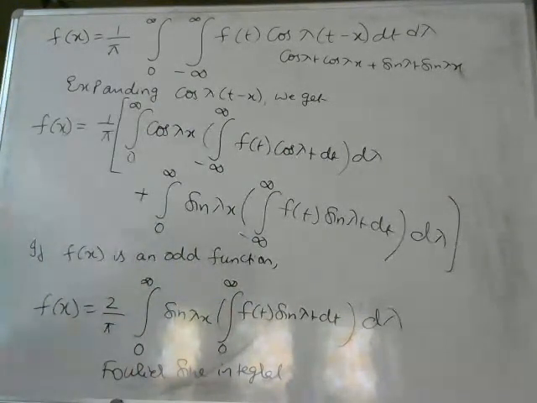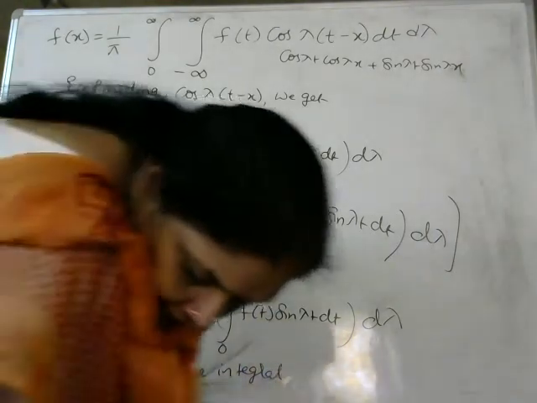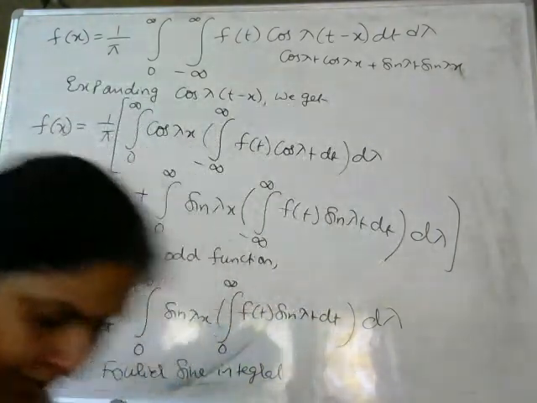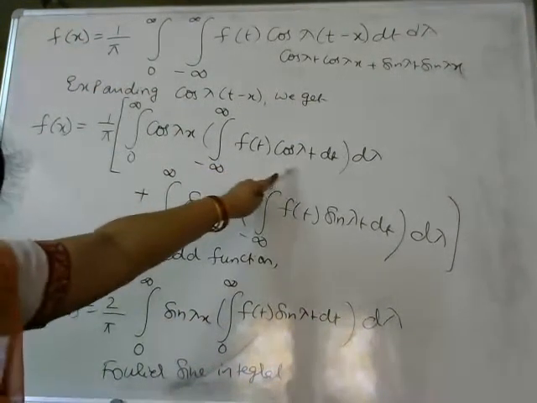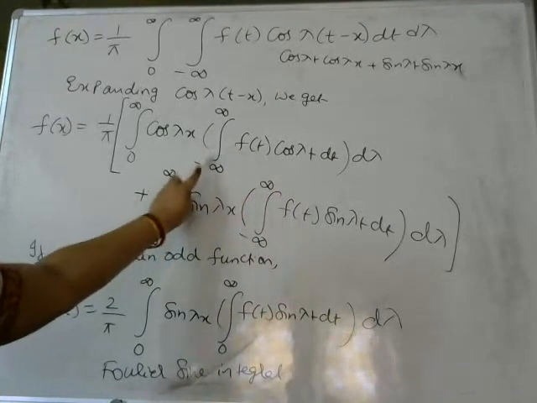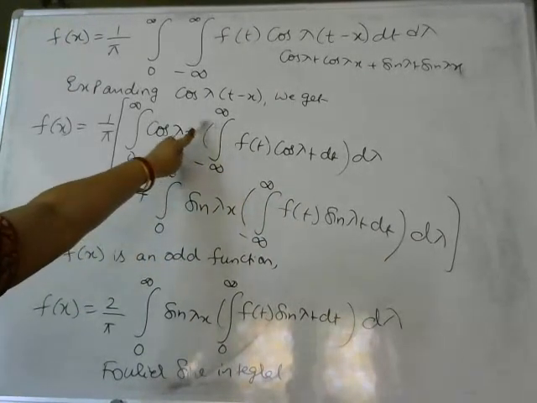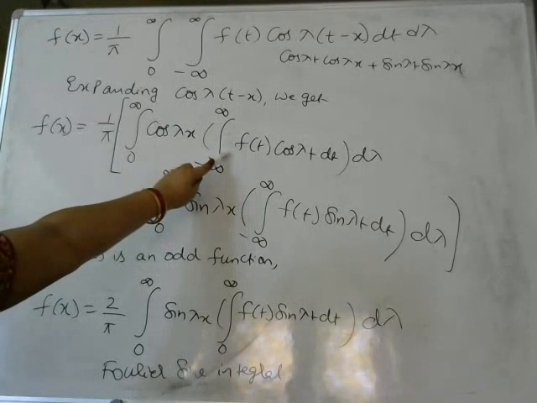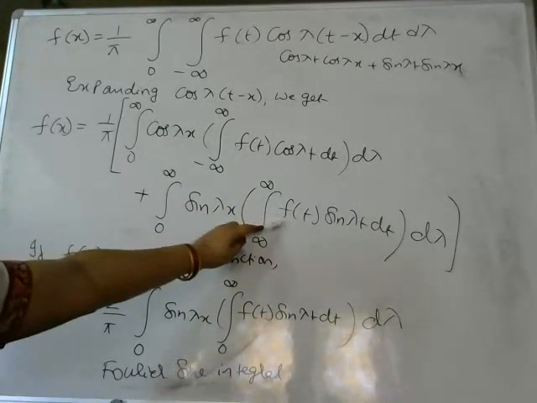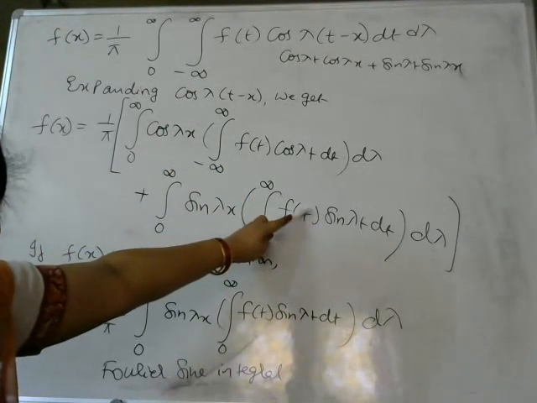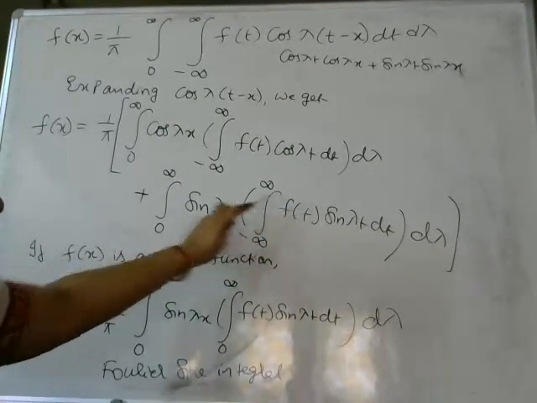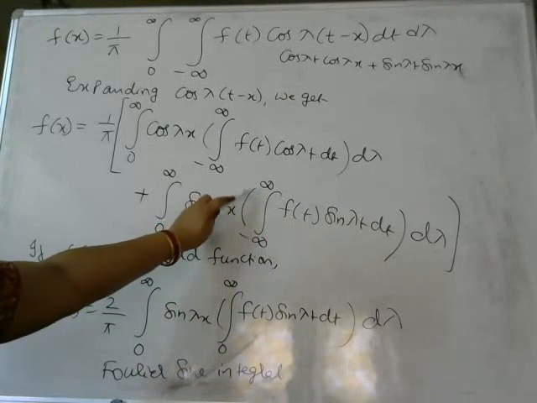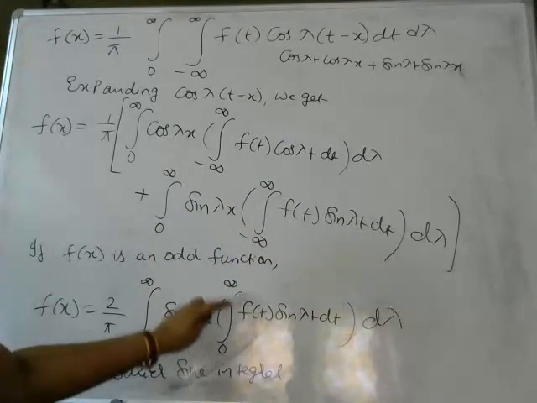How did we get this Fourier sine integral? By assuming that f of x is an odd function. Cos we know is even, so the product of even and odd becomes an odd function, and an odd function from minus infinity to infinity becomes 0. So this integral is completely 0. f of t is an odd function and sine is an odd function again, so the product of two odd functions becomes an even function, which from minus infinity to infinity can be written as 2 times 0 to infinity.